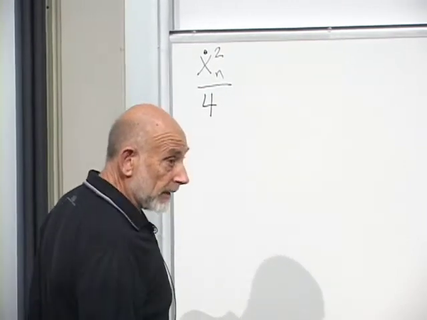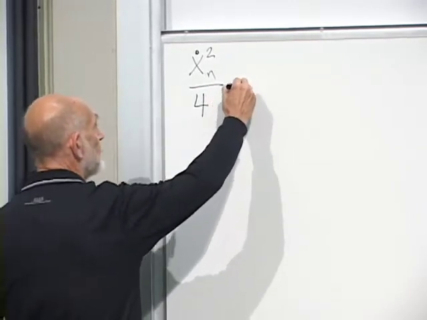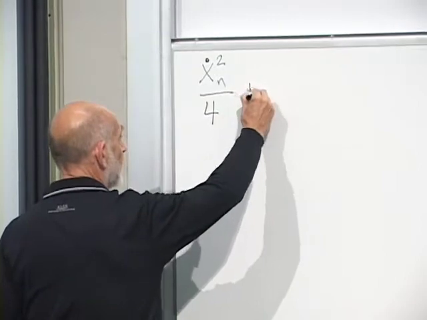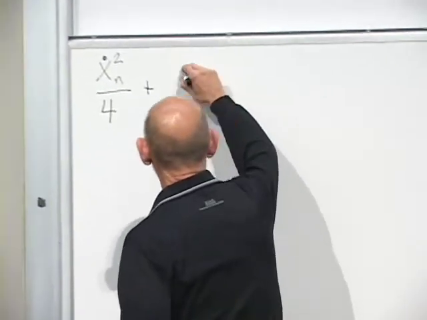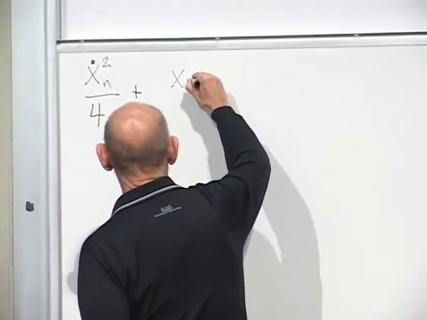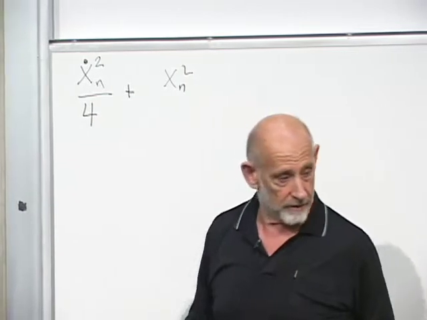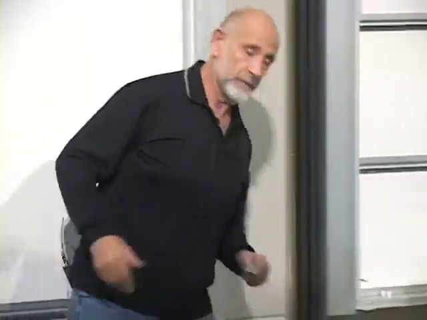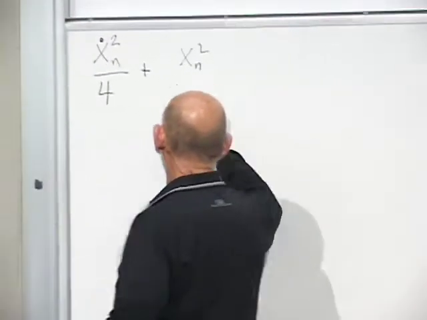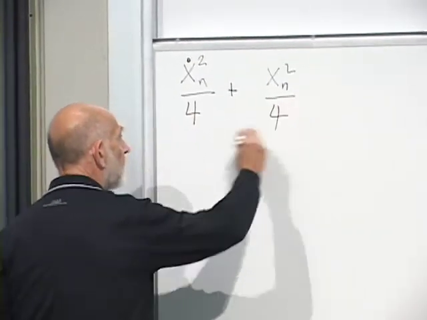That was the kinetic energy, and then the potential energy. If I want to write the energy, I put a plus sign there. The potential energy was proportional to x squared, x sub n squared, and there was an x sub n squared divided also by 4.